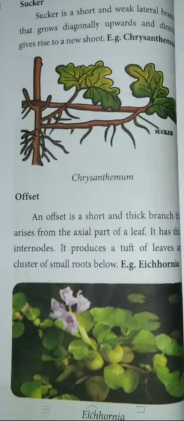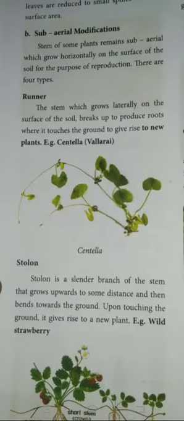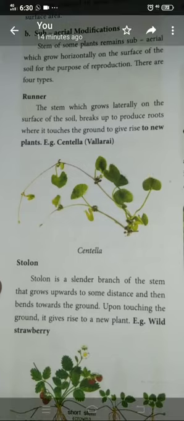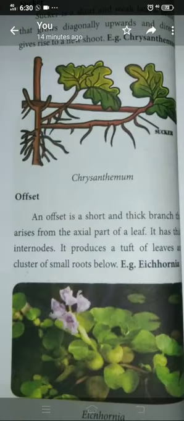Wild strawberry grows likewise. So we saw the runner. A runner stands straight only. A stolon grows along the ground.